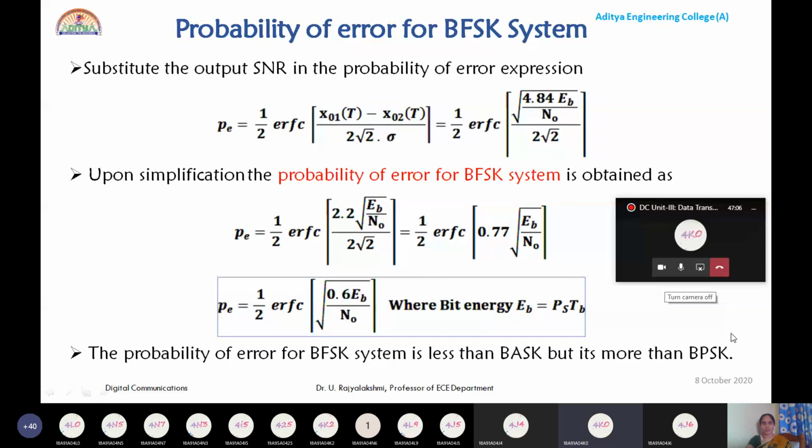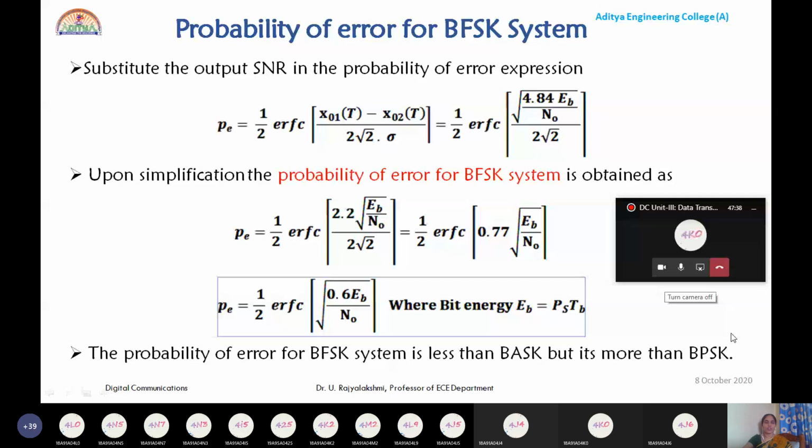Which system provides the least probability of error, because we need to maximize the output SNR, then only we can get the least probability of error. So my question is, which system provides the least probability of error out of BASK, BFSK and BPSK? BFSK is less than BASK, ma'am.